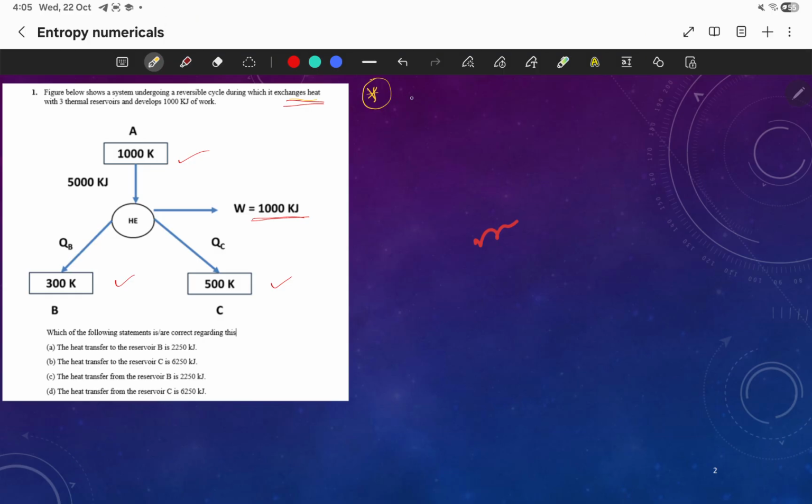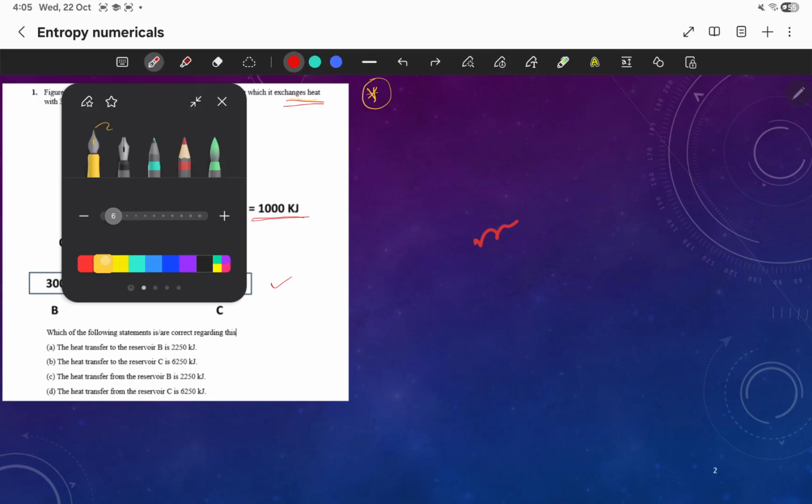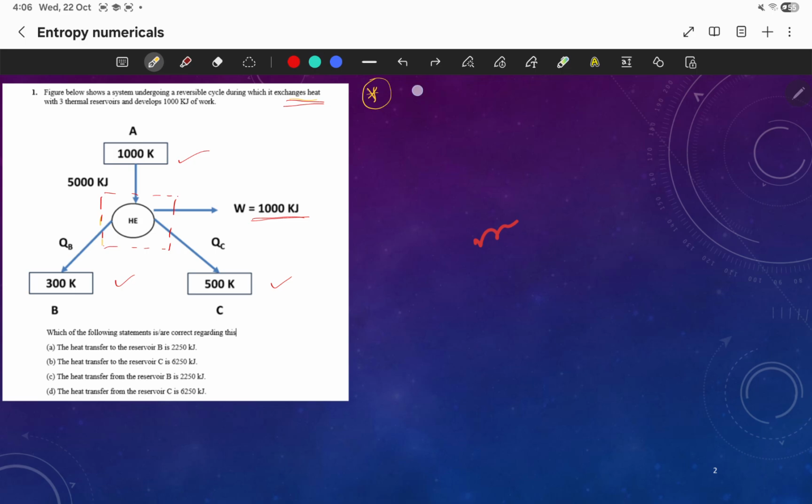Taking this heat engine as a system, we will get 5000 equals 1000 plus QC plus QB.